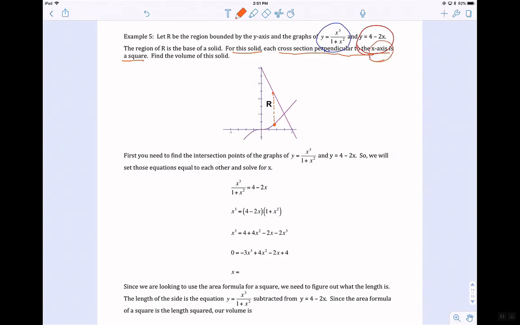A cross-section perpendicular to the y-axis would go right to left or left to right. What it means by cross-section perpendicular to the x-axis being a square is that when you find the volume, remember volume is the antiderivative of the area of a cross-section.